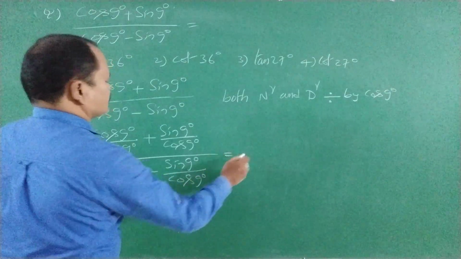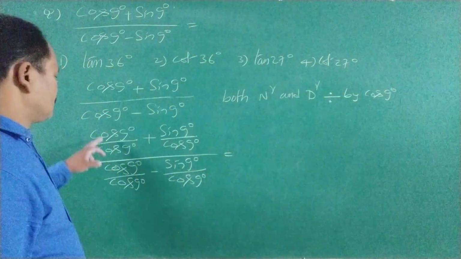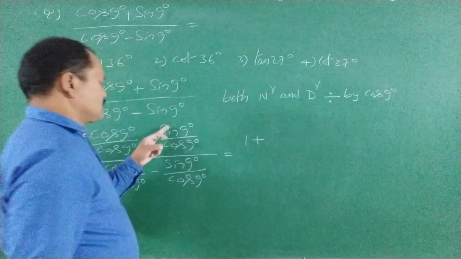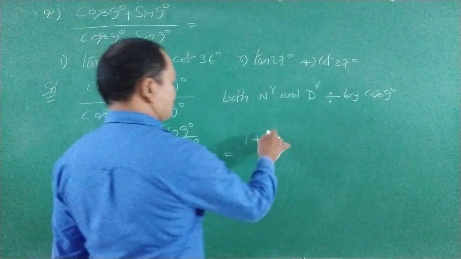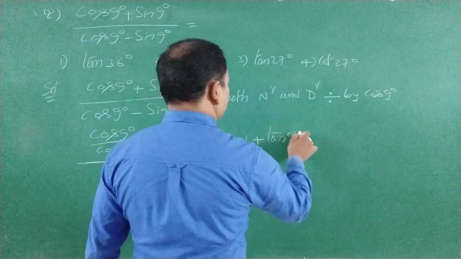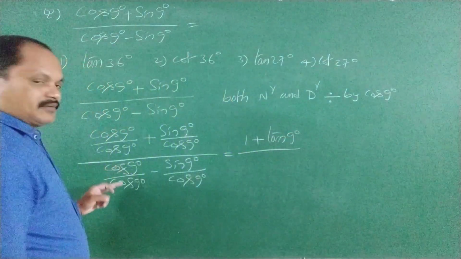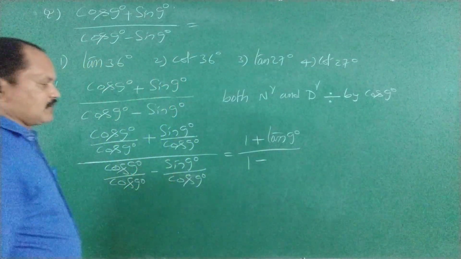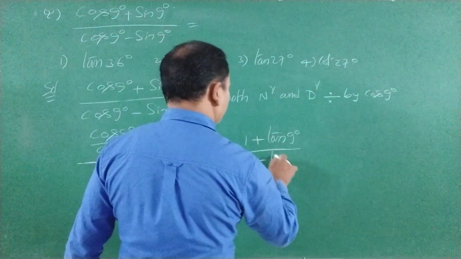Observe: cos 9 by cos 9 is 1, plus sin 9 by cos 9 which is tan 9 degrees, by cos 9 by cos 9 is 1, minus sin 9 by cos 9 which is tan 9 degrees.